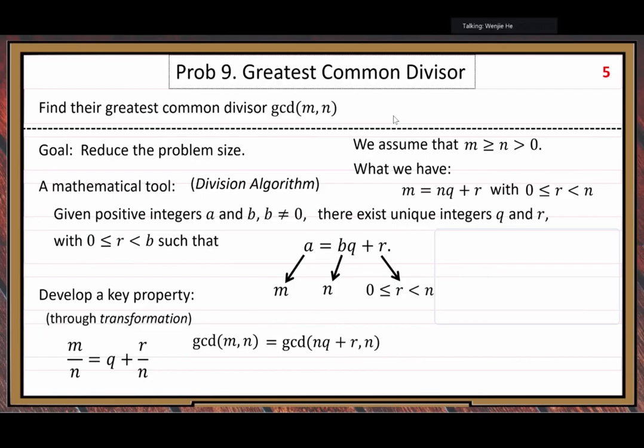We can write the GCD in a different way: GCD of n and r, because n is greater than r, based on our assumption that n is in the position of B. So we should swap n and r. This is our first round of problem size reduction.